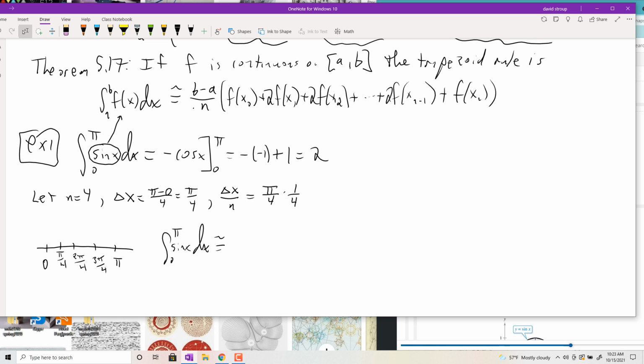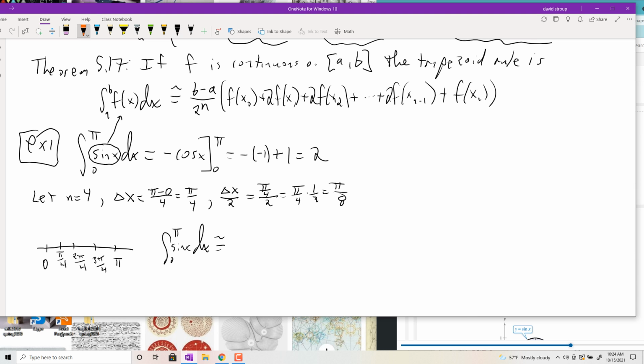Sorry, there should be a 2 here. That's what I'm doing wrong. b minus a over n is just pi over 4, and then I need to put that over 2. So pi over 4 for change in x and then divided by 2. It's the same as pi over 4 times 1/2, which is pi over 8.